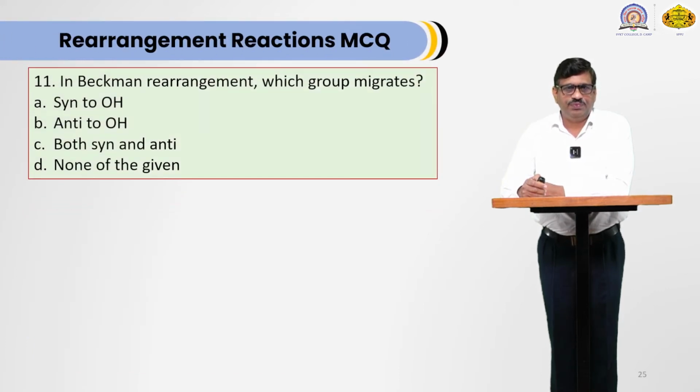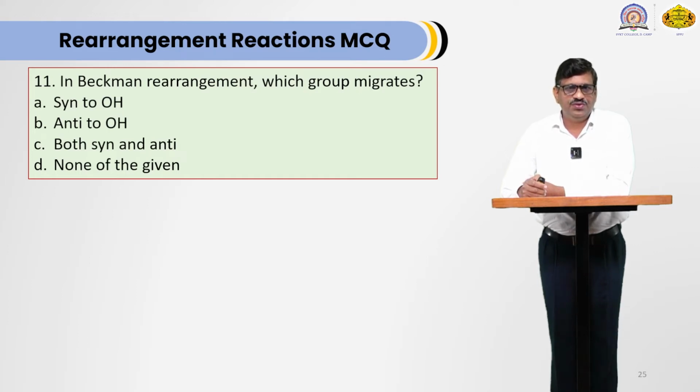Question number 11. In Beckmann rearrangement, which group migrates? We have already seen that in Beckmann rearrangement, oxime is the starting material and oxime contains OH group. Hence, migration of group is very important.